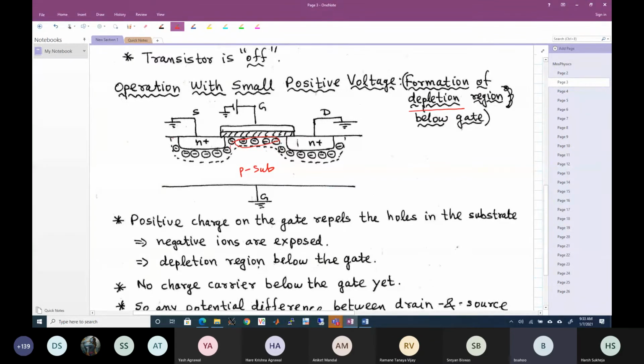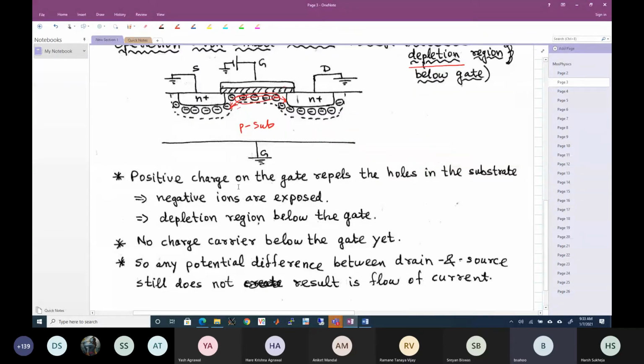No matter how much voltage you apply between the drain and source, there won't be any current flow because there are no mobile carriers here. So there is no charge carrier below the gate yet, and any potential difference between drain and source still does not result in flow of current. There is a typo here.